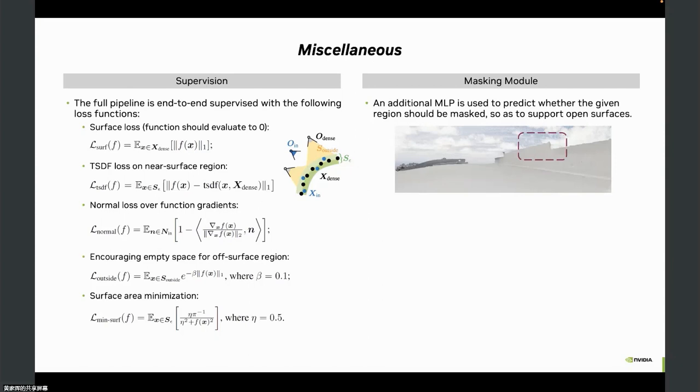We distinguish between those. Also, in the masking module, we use an additional MLP to predict whether a region should be masked or not, because the final implicit function we model is more or less similar to an SDF, where a surface is usually closed. You cannot model open surfaces. But in this work, we add an additional MLP branch so that you can crop away all of the regions that are excessive.